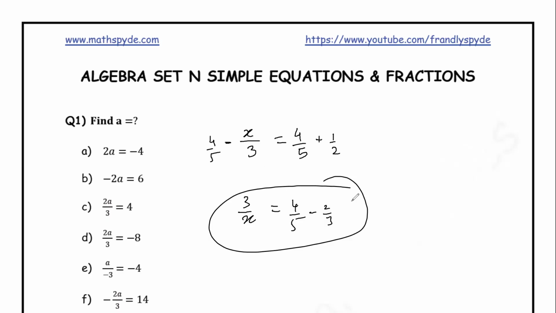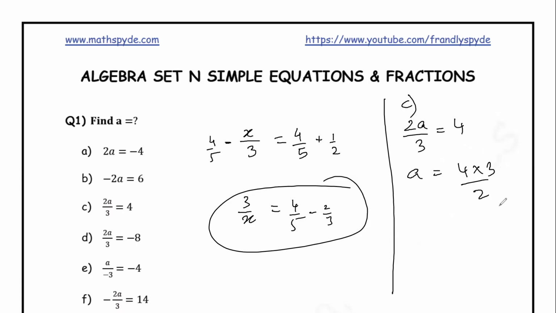There was another thing I wanted to talk to you about, but owing to the limitation, I forgot. So the thing which I want to talk about is that you saw me working out 2a over 3, the c part, where a is equal to 4 into 3 over 2. Now 4 into 3 over 2 you write down, or you write down 4 into 3 over 2, or you write down 4 upon 2 into 3.